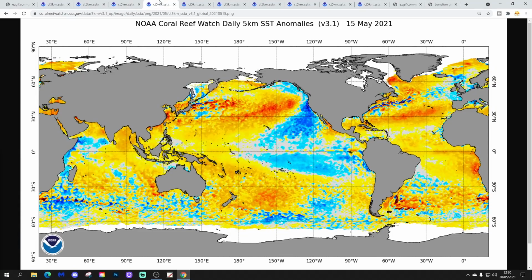Let's go through another 5 days. Now it gets very interesting. This is the 15th of May 2021, continuing to get warmer with those sea surface temperature anomalies to the south of Greenland. This area is becoming very warm as well. So that's the Azores just there, and then we've got the Canary Islands just there.